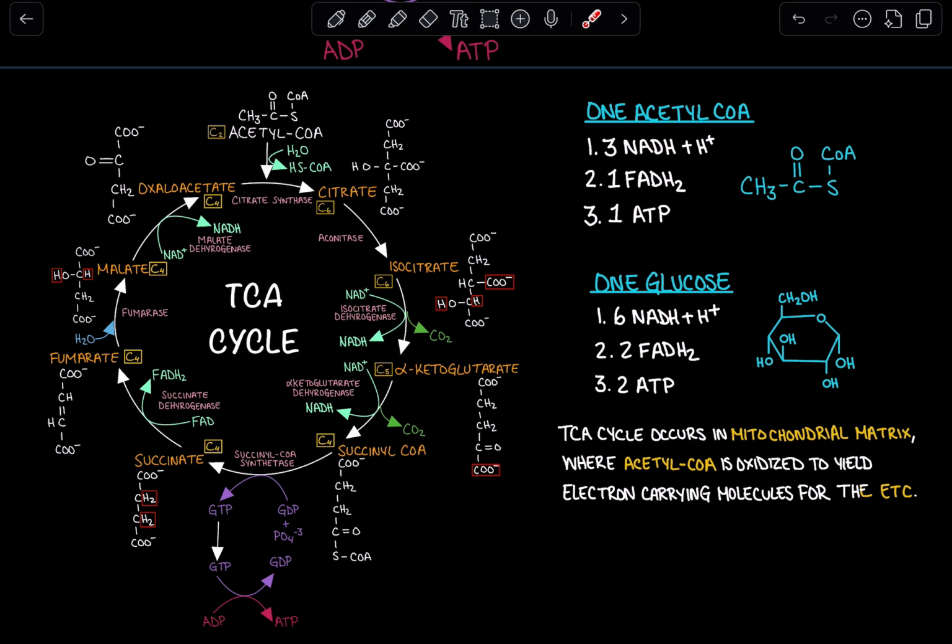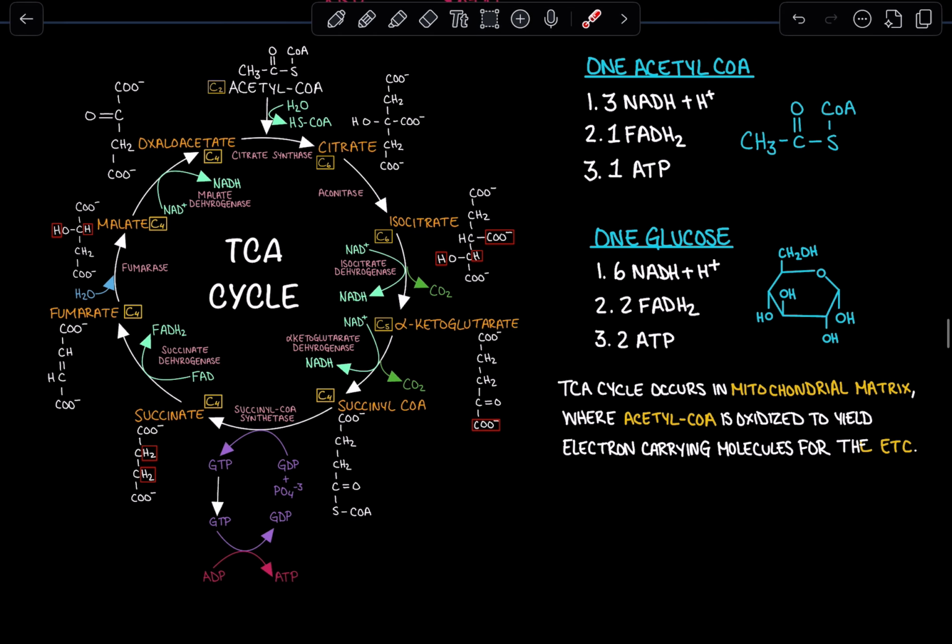So once those 2 acetyl-CoA molecules have gone through the TCA cycle, for one glucose molecule, you're actually getting 6 NADH, 2 FADH2, and 2 ATP. That's really important to make note of because that can be asked on exams. How much energy is generated by one glucose molecule?